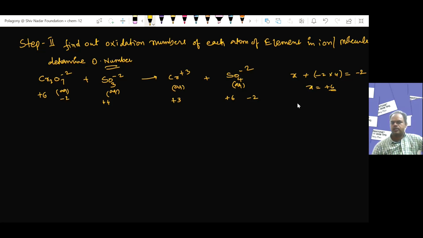Similarly for dichromate, if you don't know the chromium oxidation number, assume it is X: chromium multiplied by 2 plus -2 into 7 is equal to -2. So X is equal to +6, the oxidation state of chromium.